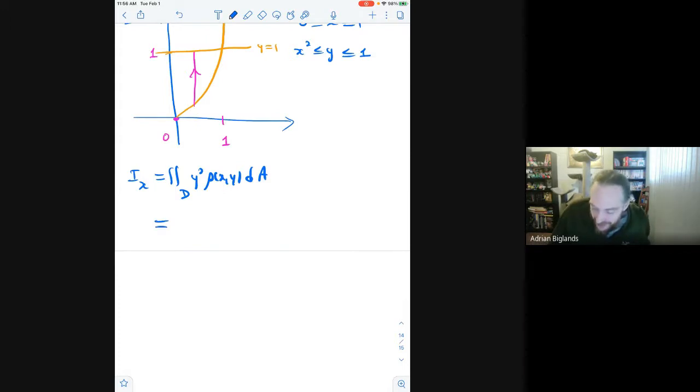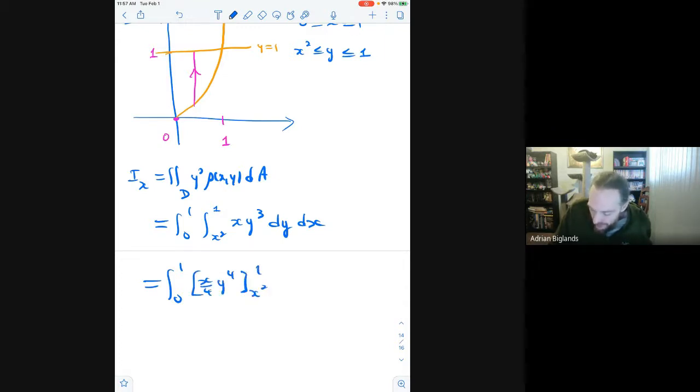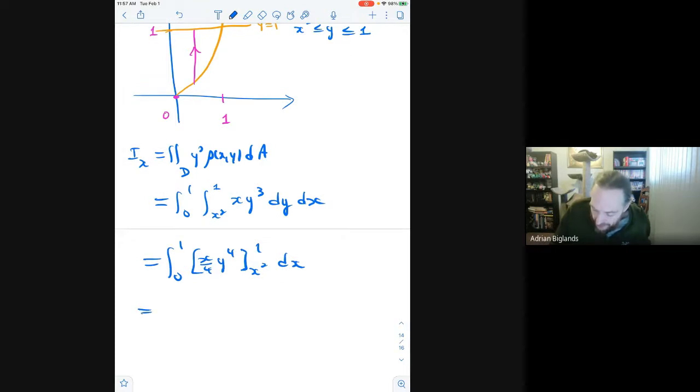This is equal to the integral from 0 to 1, the integral from x squared to 1 of x y cubed dy dx, which is equal to the integral from 0 to 1 of x over 4 times y to the 4 evaluated from x squared to 1 dx, which is equal to the integral from 0 to 1 of x over 4 times (1 minus x to the 8) dx.